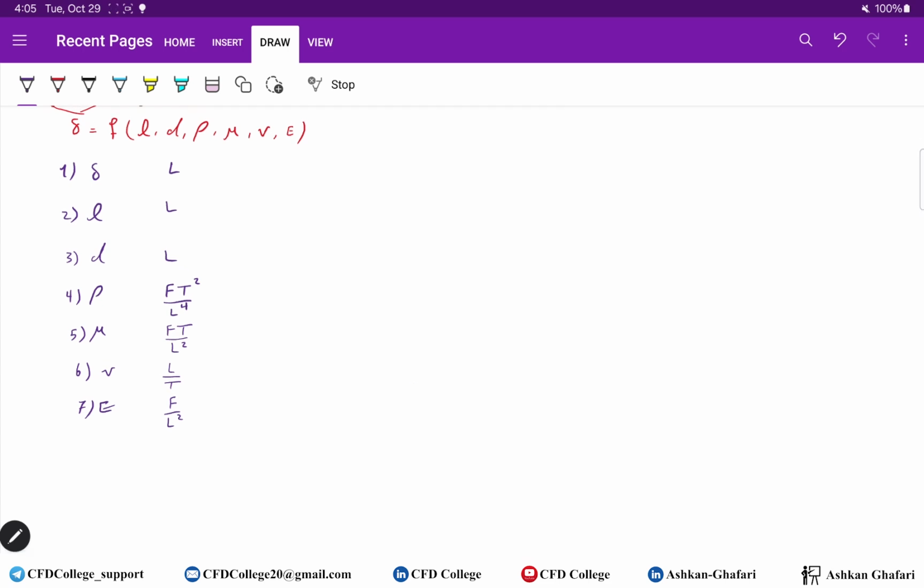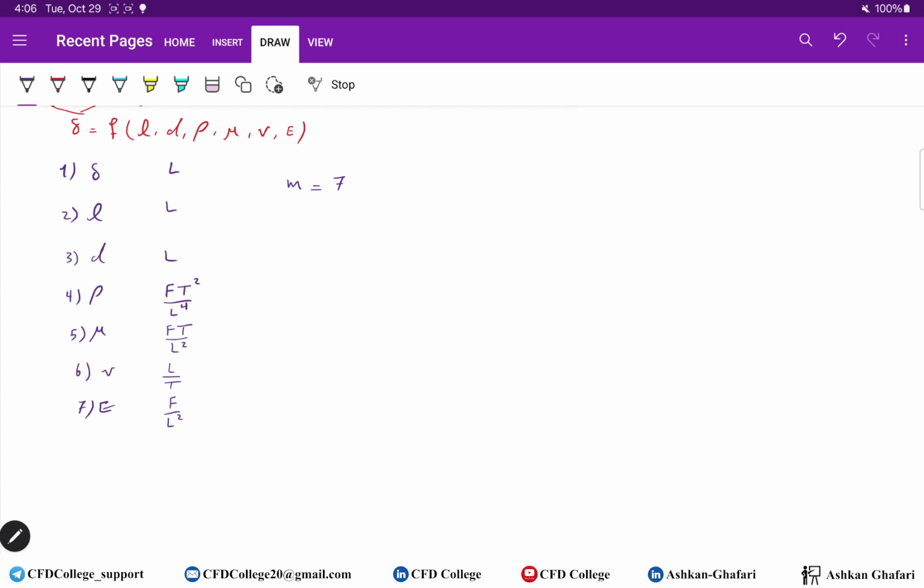How many dimensional quantities do we have here? 1 to 7. So we have 7 quantities. So M, which represents the number of quantities, is equal to 7.